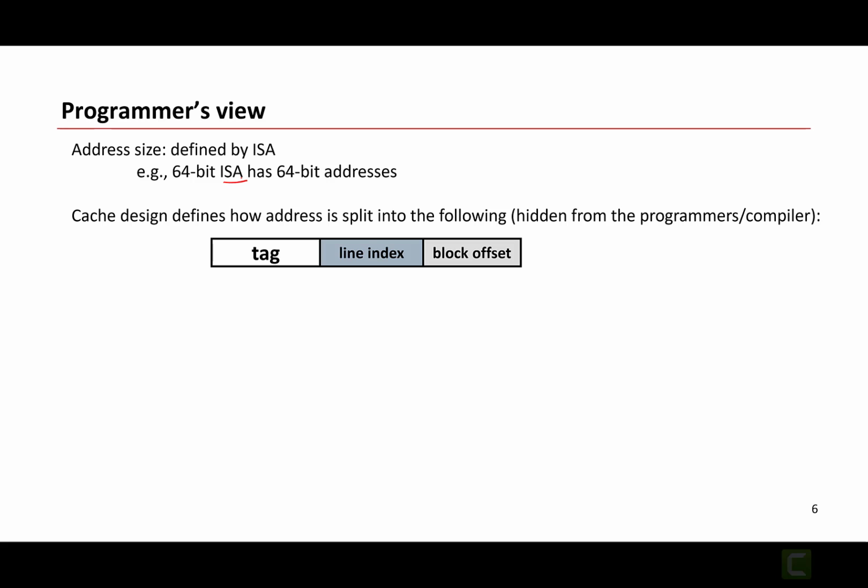Now the cache design, on the other hand, the details of that is hidden from the programmer and the compiler. As a result, the cache design details are not specified as part of the ISA. So when you are given an address, and for a given cache design, you have to interpret that address into these three different fields: tag, line index, and block offset.